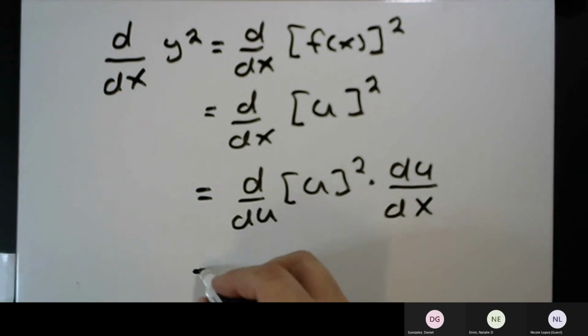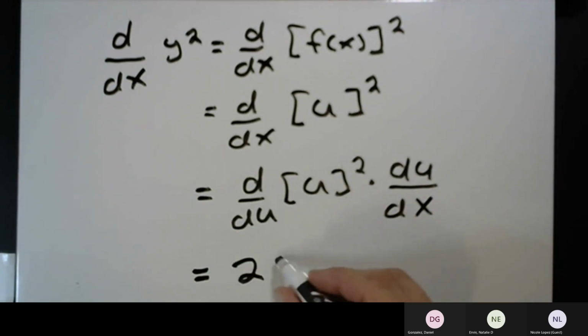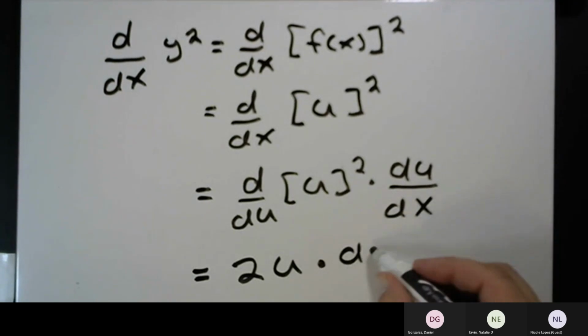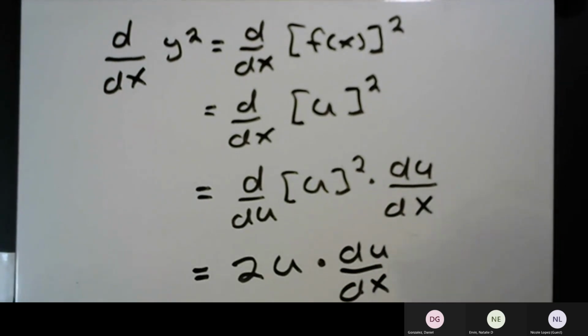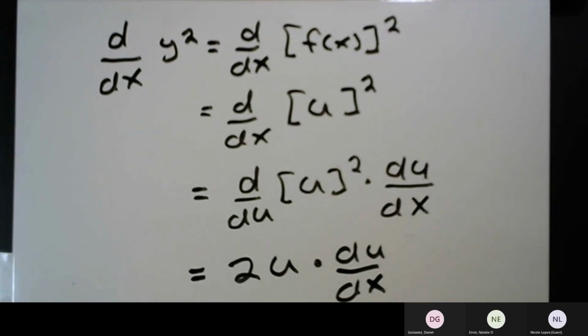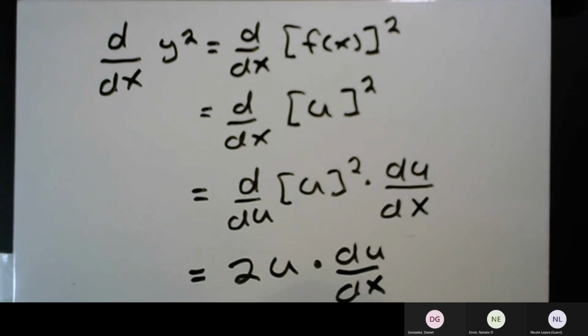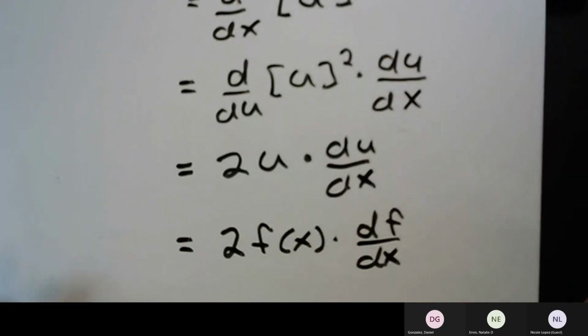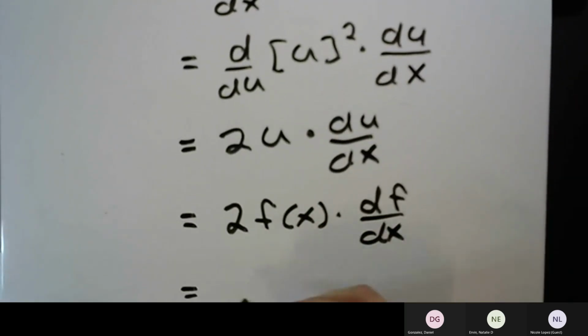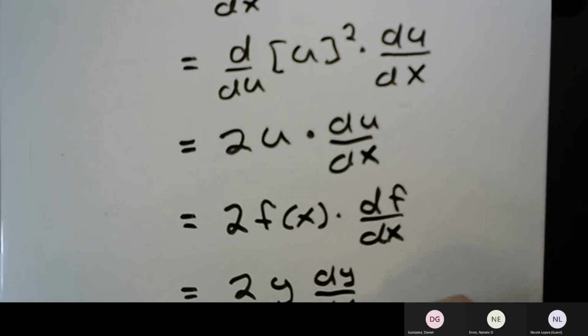And so what this will give us is 2u times du/dx, or remember, this is going to be 2 times f of x times df/dx, or 2y dy/dx.